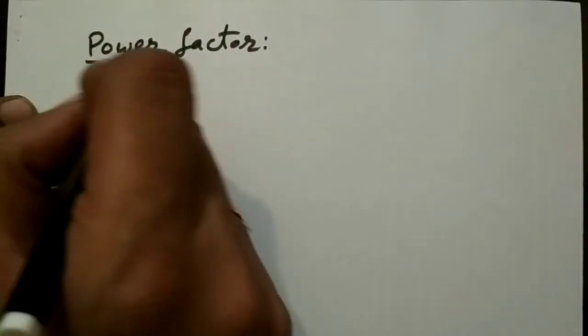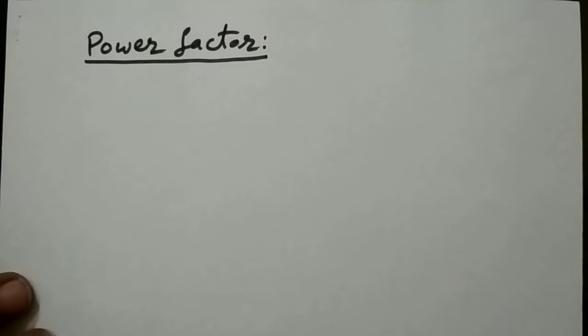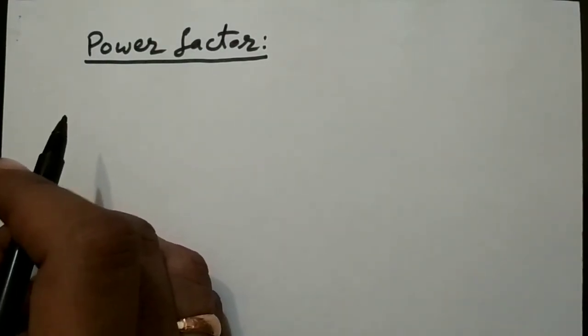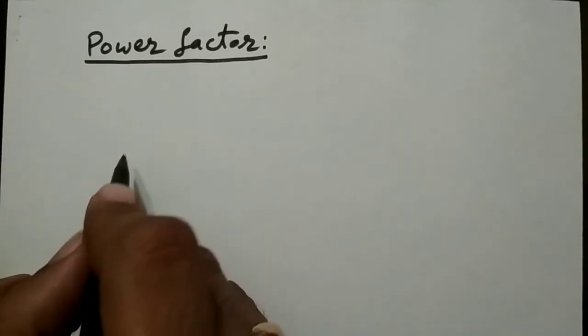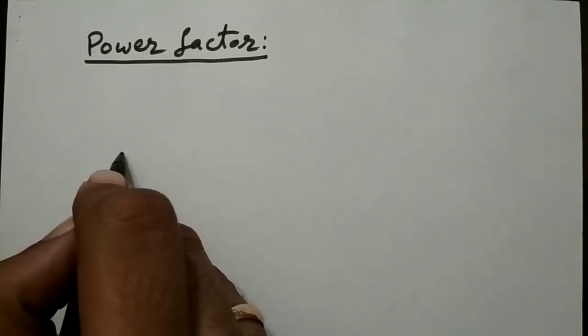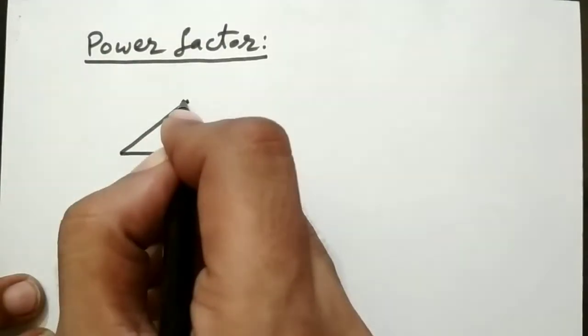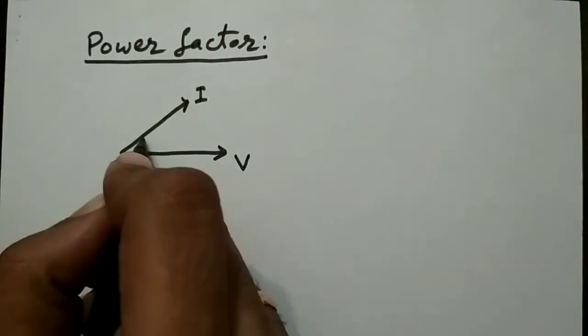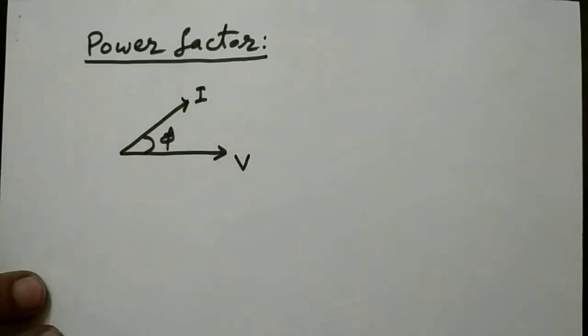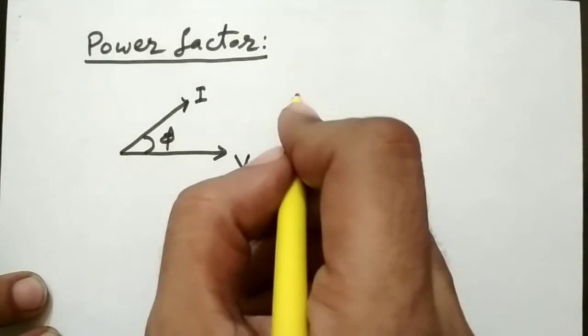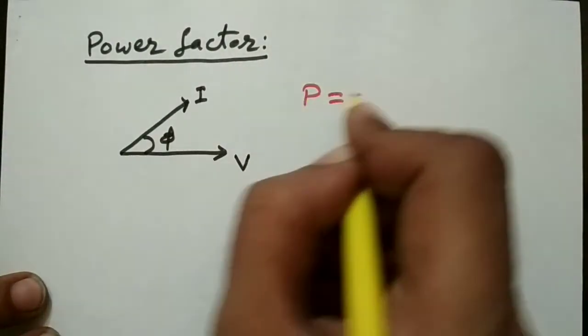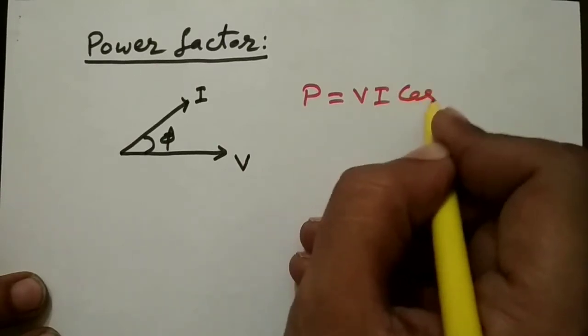Now the power factor. In the RL series circuit we have already discussed the power factor, but let's see it again in the RC series circuit. Here we have drawn the phasor diagram of the voltage and current, and we have seen that the current leads the voltage by the angle phi. We also saw the power equations: the active power is VI cos phi.